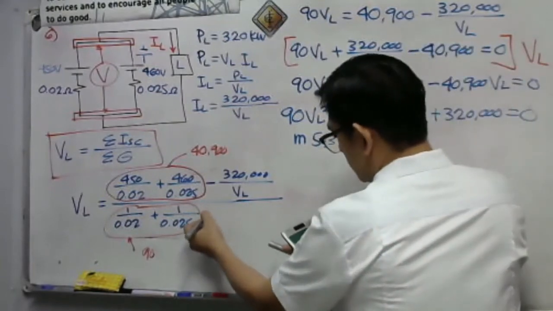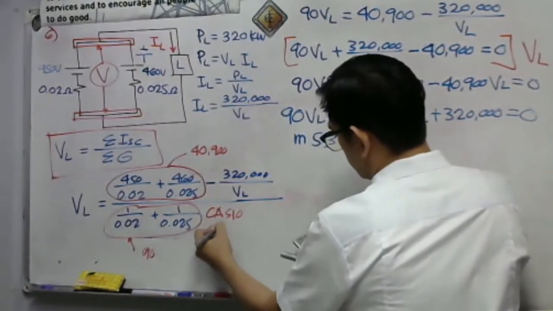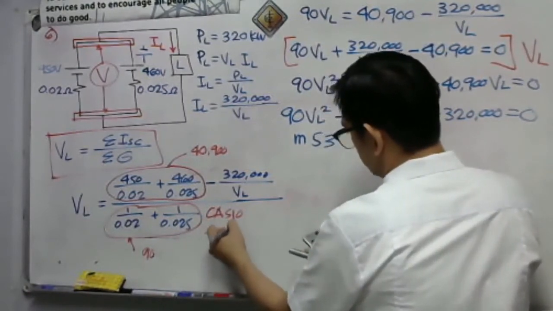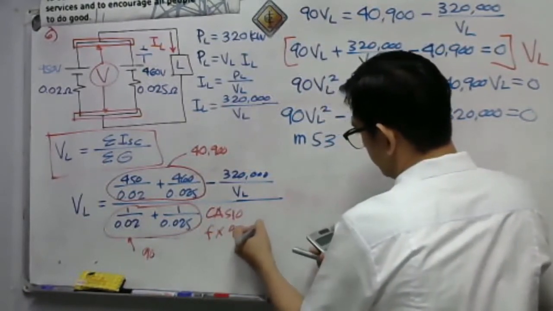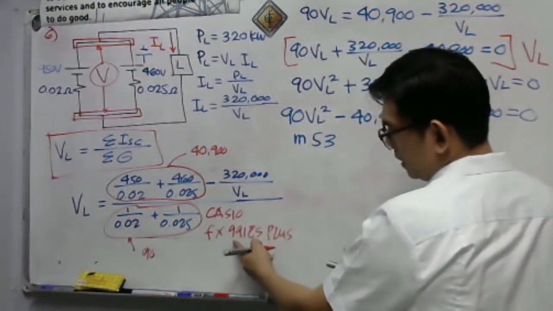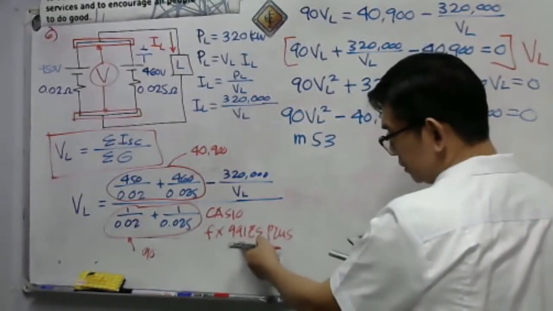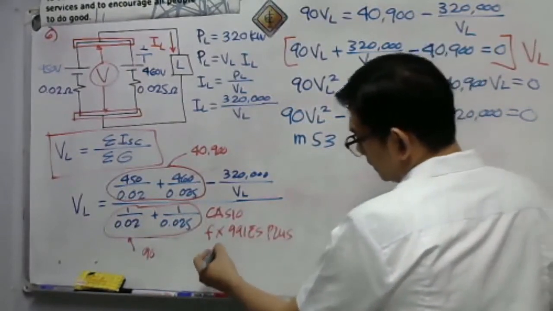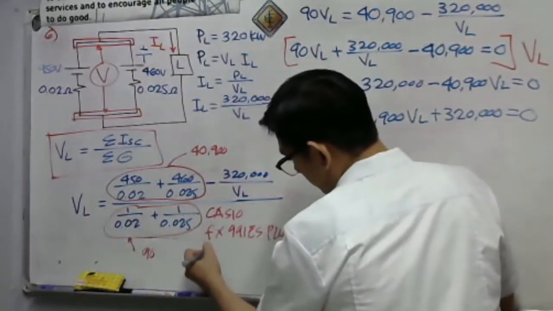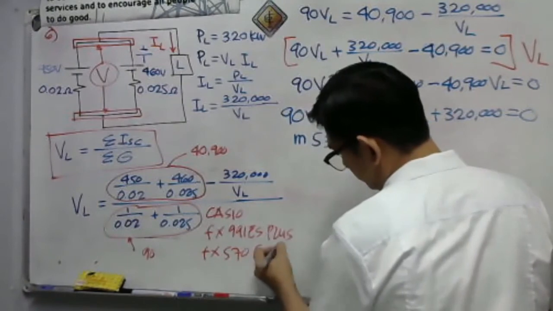We are using the Casio X991. This was disapproved by the board, but it has the same functions as the FX570 ES Plus.